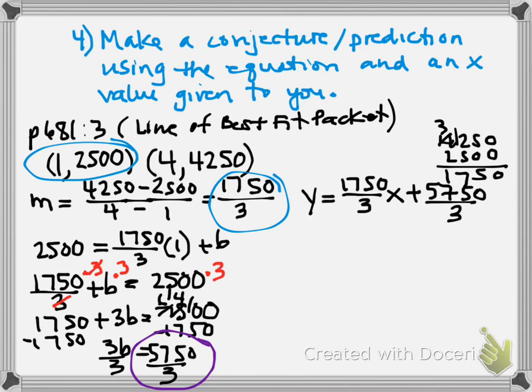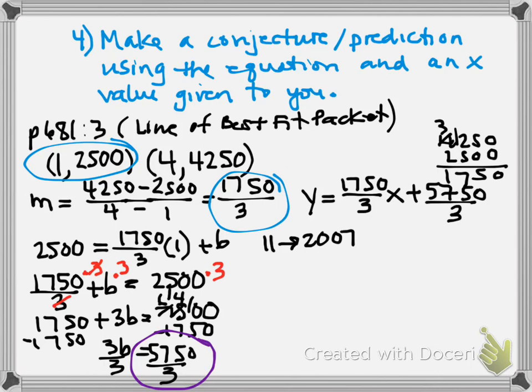So year 0 is 1996. Year 1 would be 1997. Then we have 1998, 99, 2000, 2001, 2002, 2003, 2004, 2005, 2006, 2007. So 11 represents the year 2007.